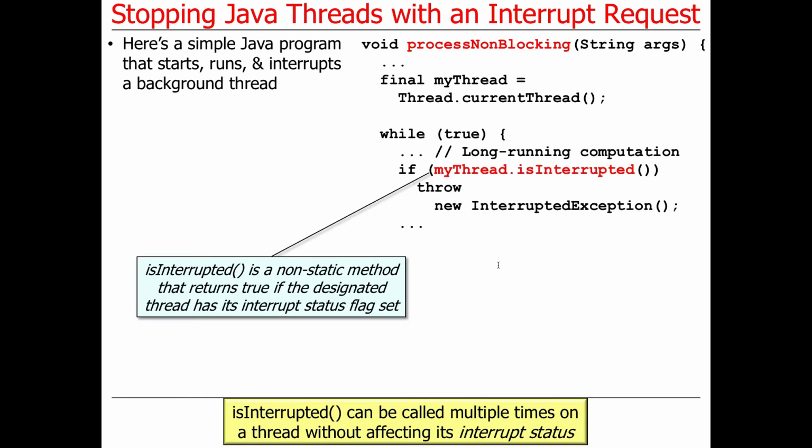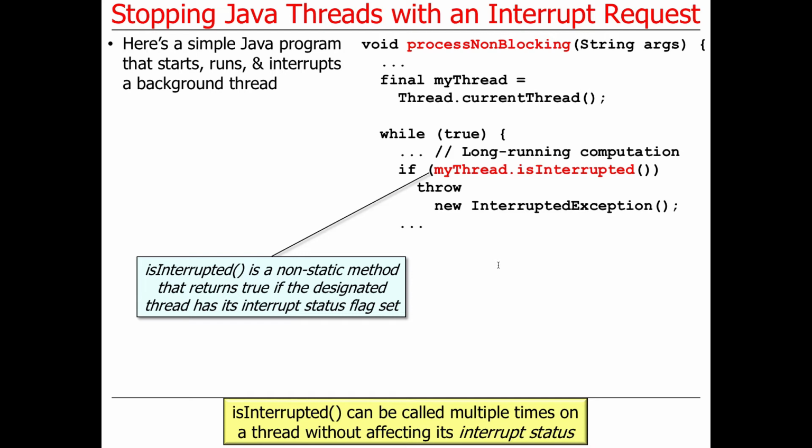The other method is isInterrupted. Now, in this case, notice that we had to get a thread object, which we're going to hopefully define in a syntactically correct way. This is not syntactically correct. It's a final thread, myThread. And what we're going to do here is we're going to say myThread.isInterrupted.